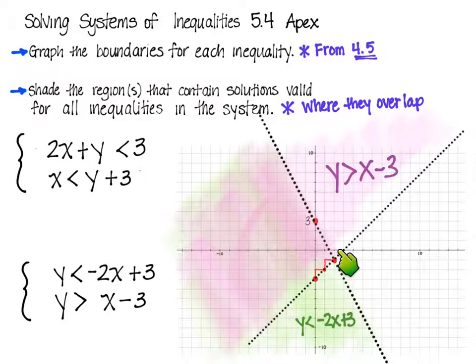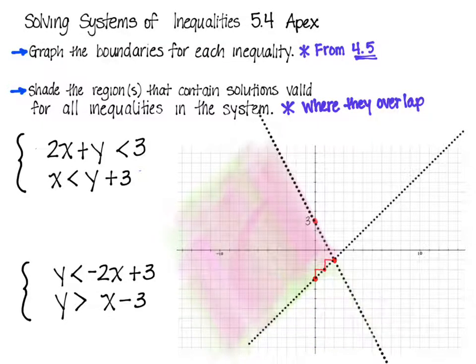Now you can see that we have this green shaded region from the first equation. We have the purple shaded region from the second equation, and this area here is where they overlap. Well, we need to erase the other regions. So we're going to erase all of that where they don't overlap.